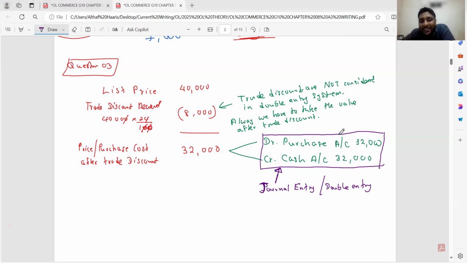Anyone second or third? Class second highest or third highest for the commerce subject? That one, two people are there, no? Good.